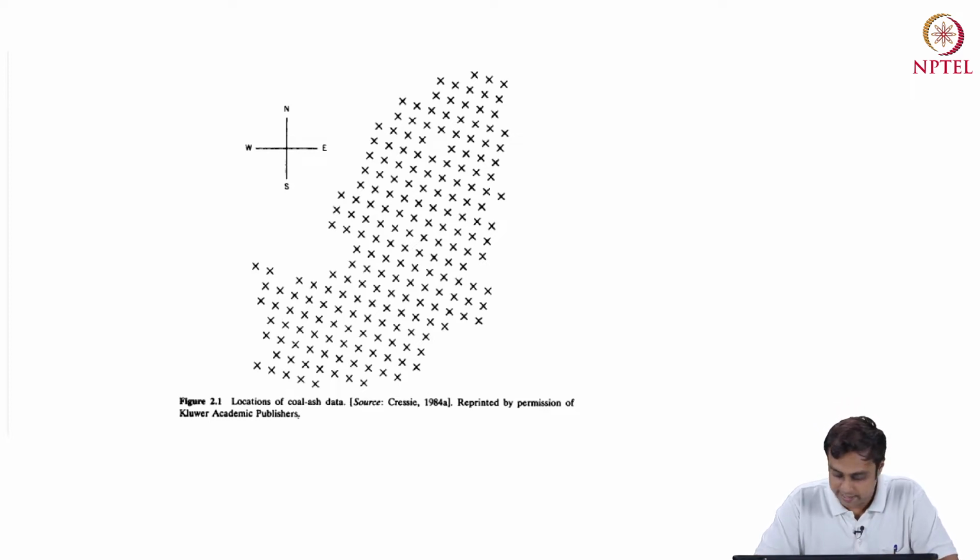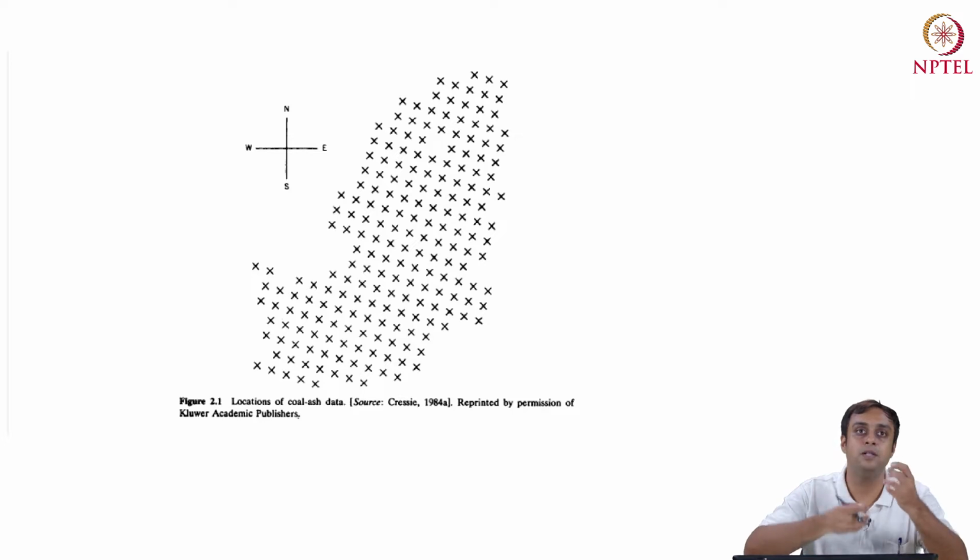So let's look at the example that Cressie presents in order to explain what exploratory spatial data analysis is and how to go about it. Cressie takes his example of coal ash data. So what we are looking at is locations where we have samples of coal ash volume.